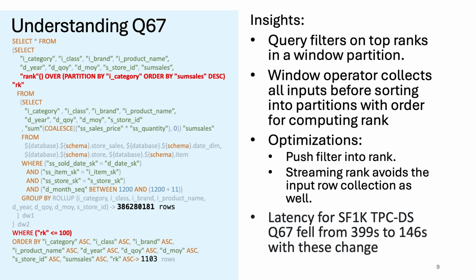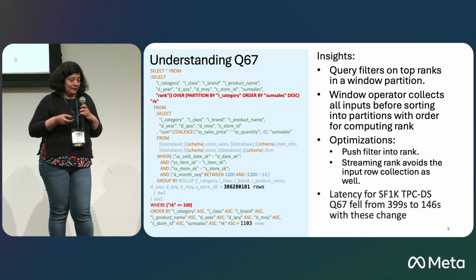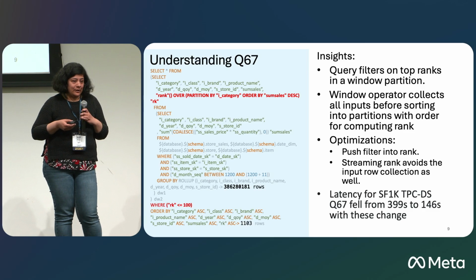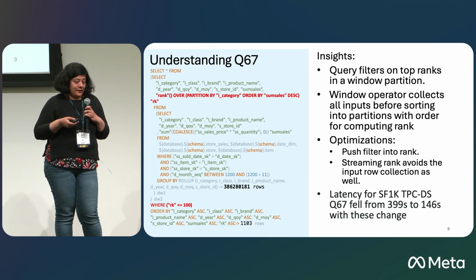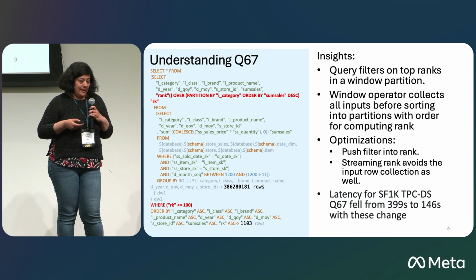Rank can be computed on the go, and the partition can only retain the 100 rows per partition, so you won't have this massive memory sink and intermediate data that you need to keep for this query. With these two optimizations, we saw that the latency for Q67 fell from around 400 seconds to 146 seconds.